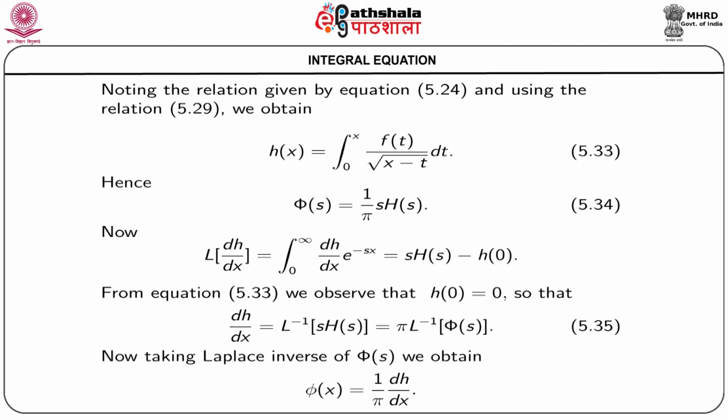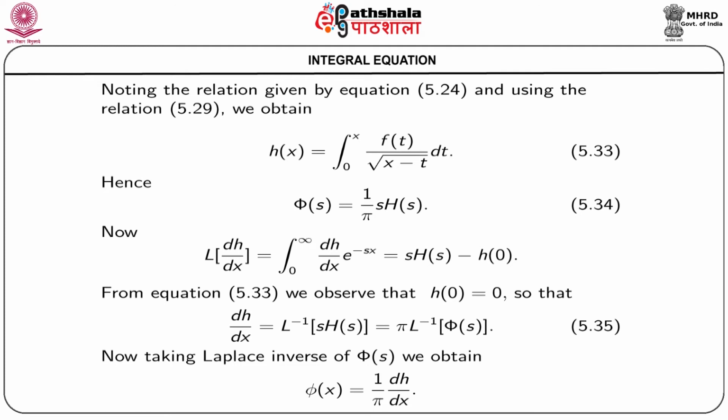Again we simplify, and we consider Laplace transform of dh dx, where h is given by 5.33. So, if we perform integration by parts, then we see that Laplace transform of dh dx is given by s capital H s minus small h at x equal to 0.